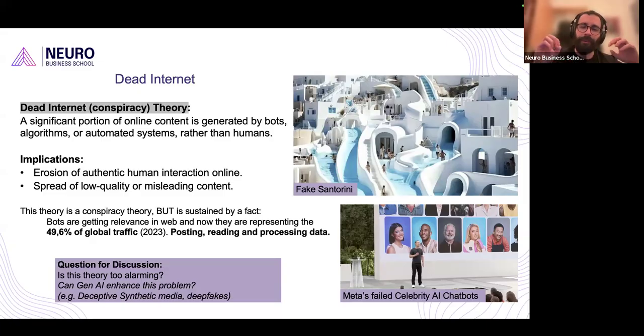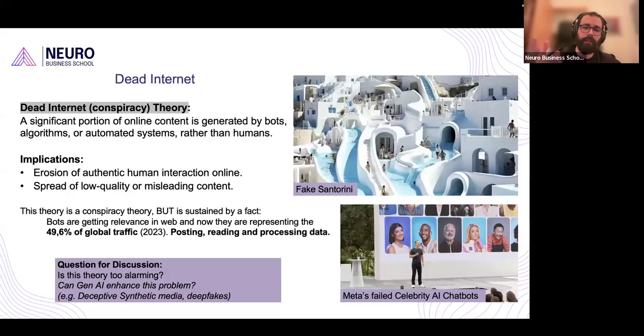So probably in the future, bots will produce content for other bots, and they will comment, and they will interact, and they will chat with others, because the content will be mainly generated by machines, and mainly consumed also by machines.